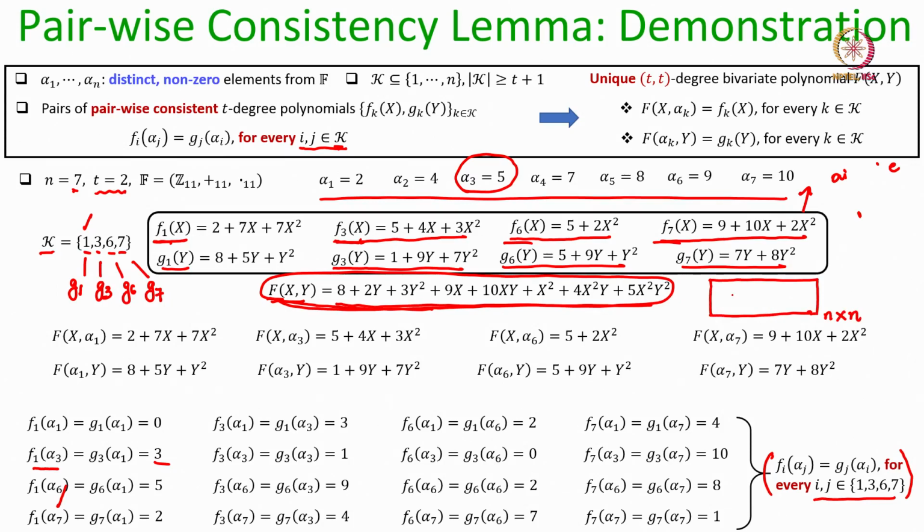What I am doing here is focusing on a subset of t plus 1 cross t plus 1 or more points among these n cross n points which lie on that unknown bivariate polynomial, through these pairwise consistent row and column polynomials, and arguing that that is also sufficient to interpolate a unique, or define a unique, t degree bivariate polynomial.